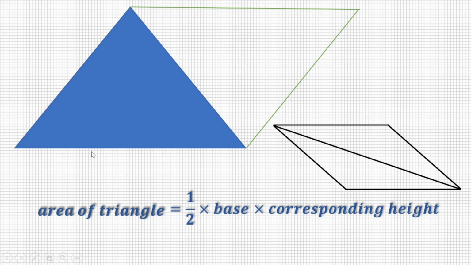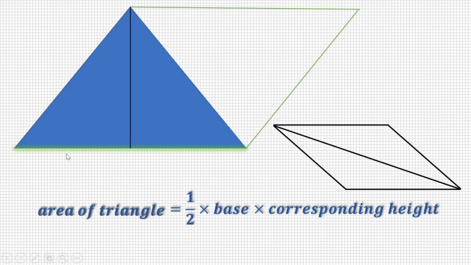What is the base? This is the base. You can say this is the base for the parallelogram, or you can say this is the base for the triangle. And this is the corresponding height, the height to which the figure has been raised. So the parallelogram starts from this base and ends till here.